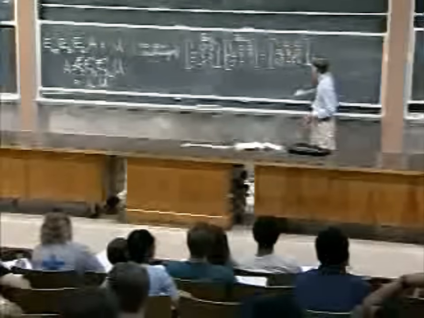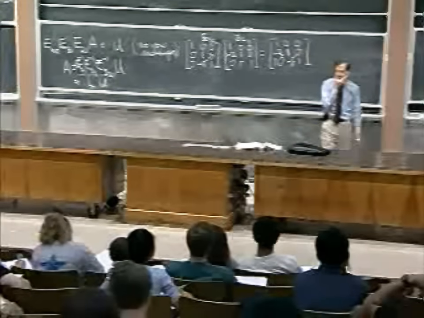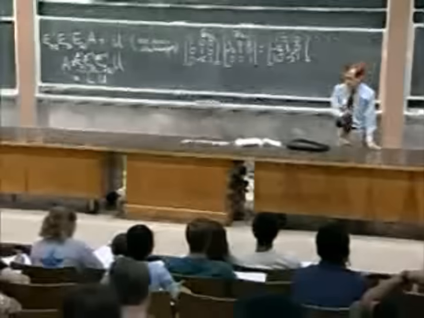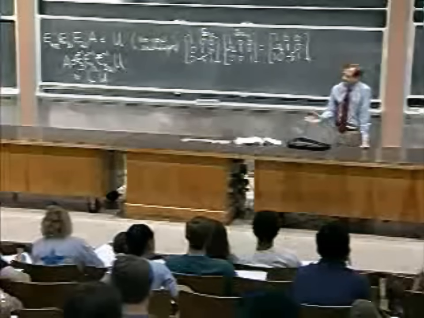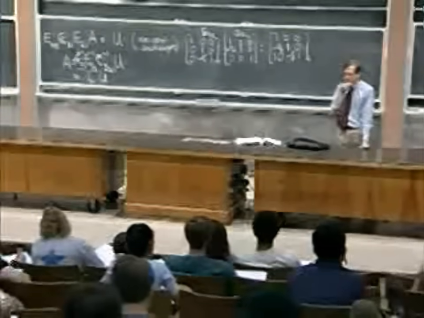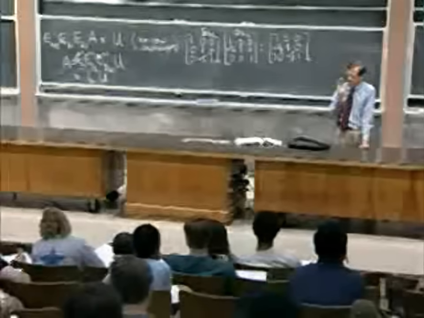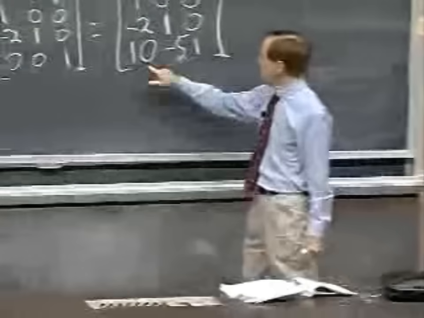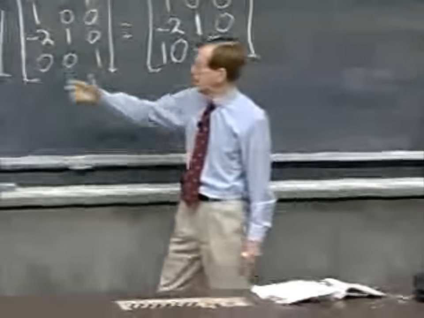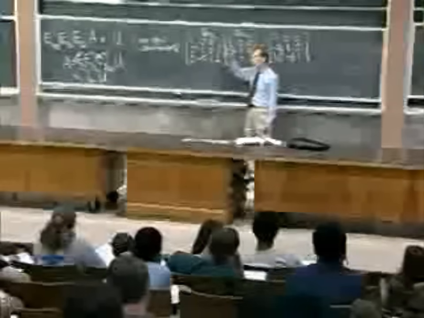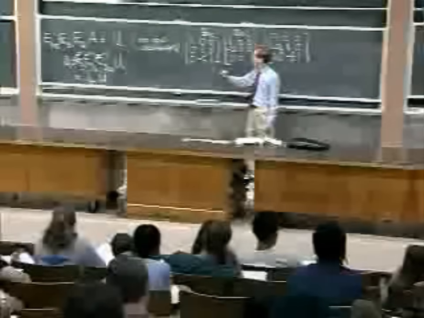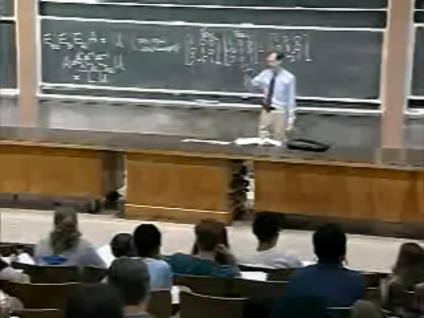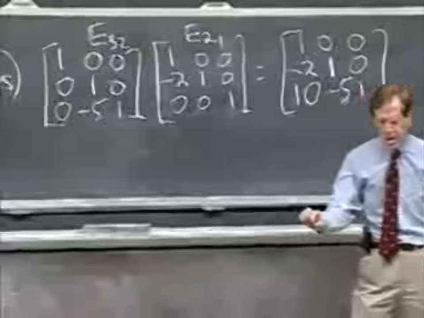What? How did that 10 get in there? I don't like that 10. Of course, I don't want to erase it because it's right, but I don't want it there. The 10 got in there because I subtracted 2 of row 1 from row 2, and then subtracted 5 of that new row 2 from row 3.